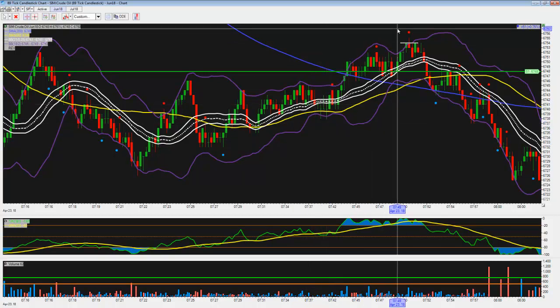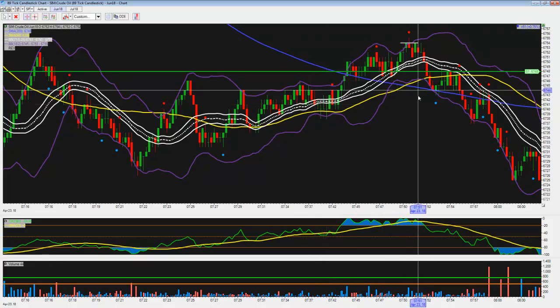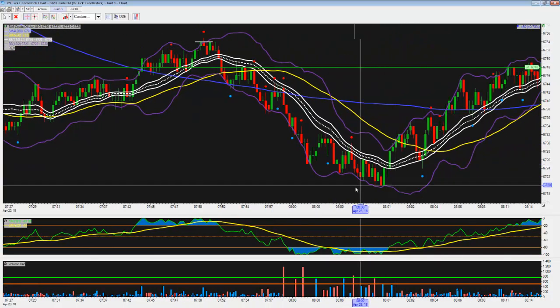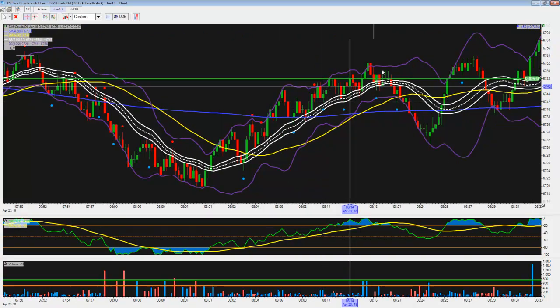So right before the US Open. And then the market comes down at 8 o'clock, comes back up.